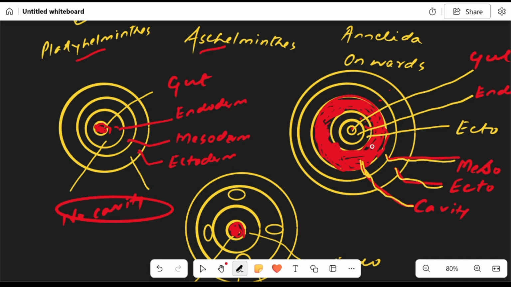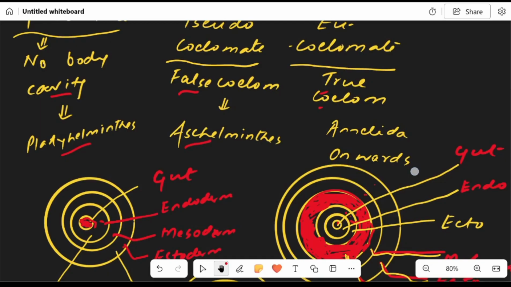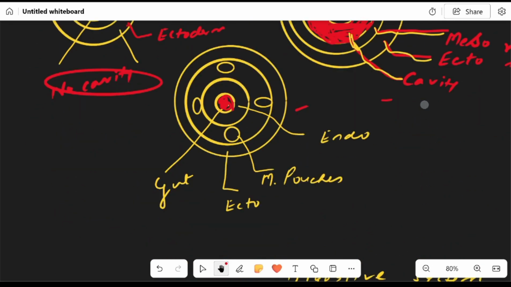This cavity is known as coelom, and it is lined by mesoderm on both sides. So Platyhelminthes are acoelomate, Aschelminthes pseudocoelomate, and Annelida onwards eucoelomate.